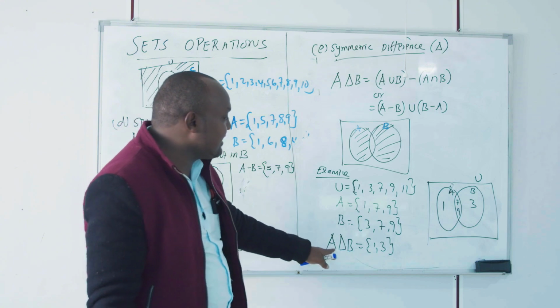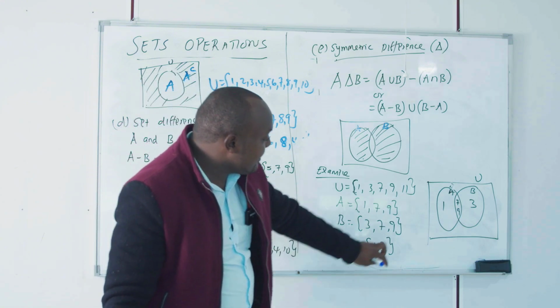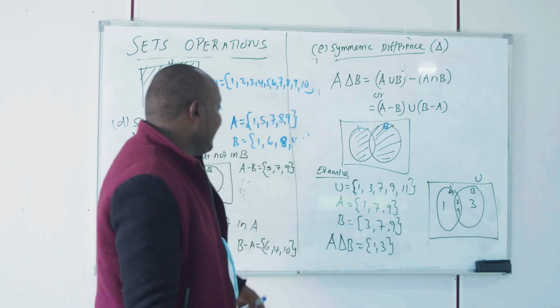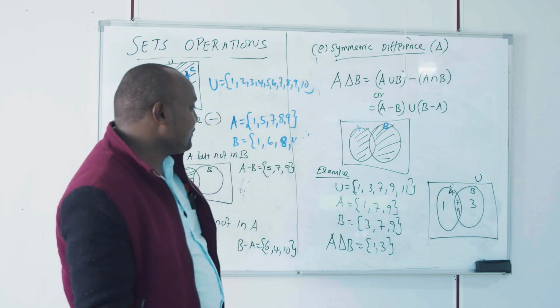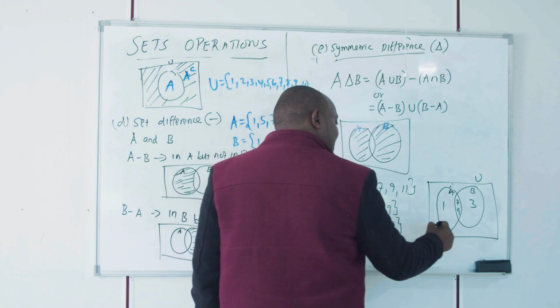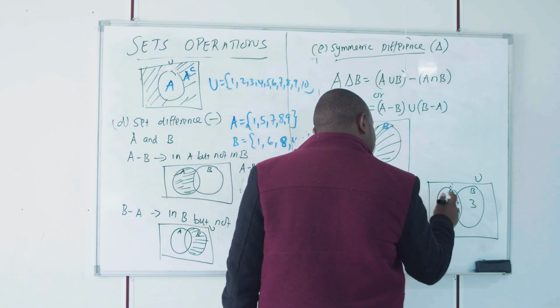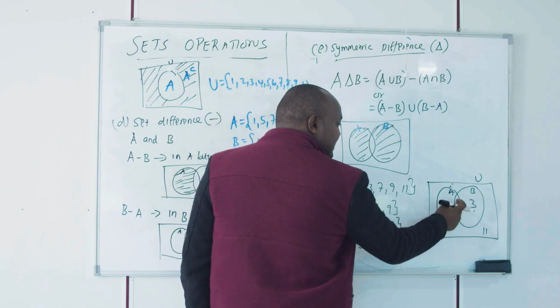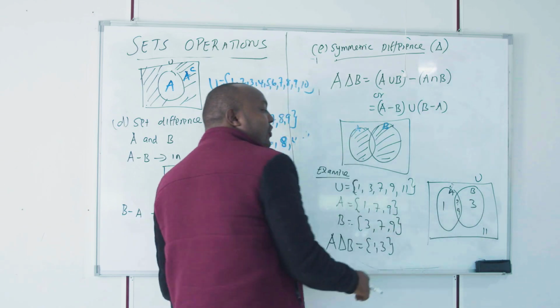As we said, A symmetric B, this part and this part. So you find you have only 1 and 3. And we have 11 here outside. So we have 1, 3, 7, 9, and 11 is not in A or B.